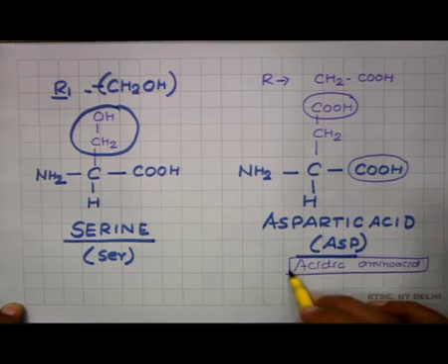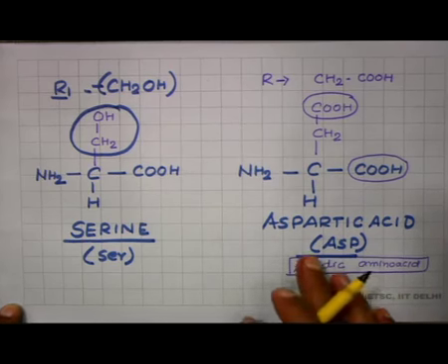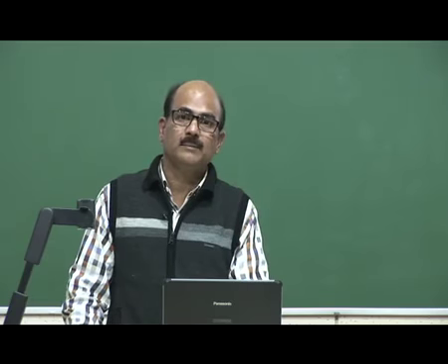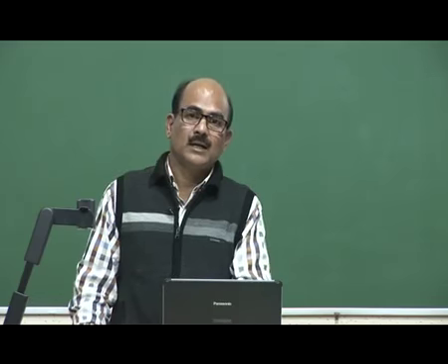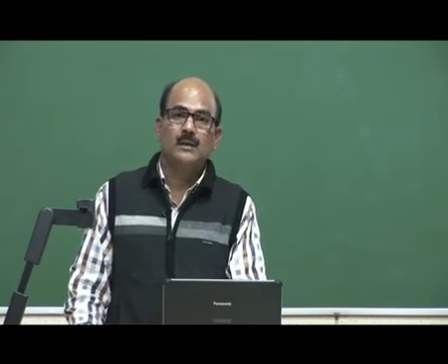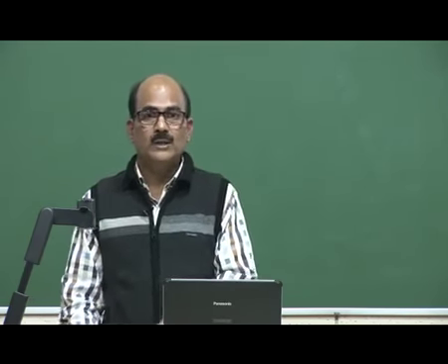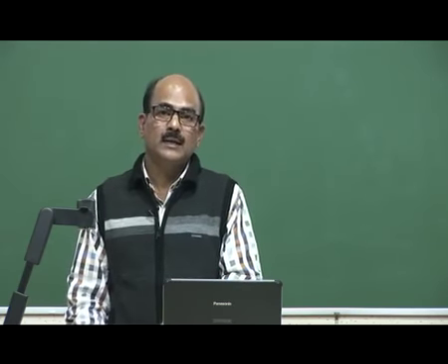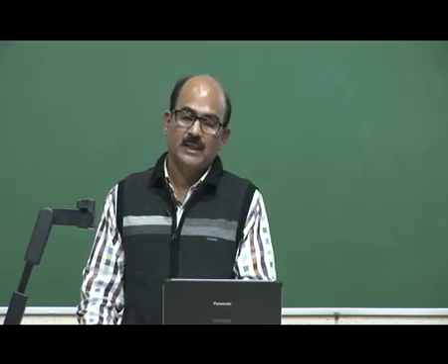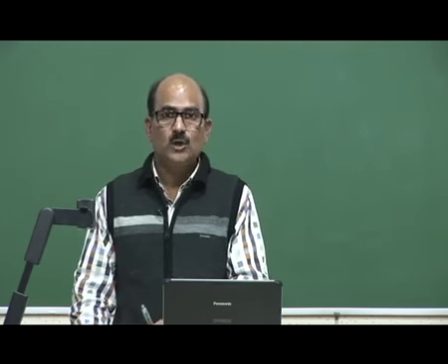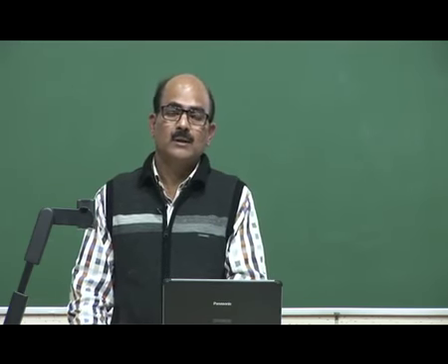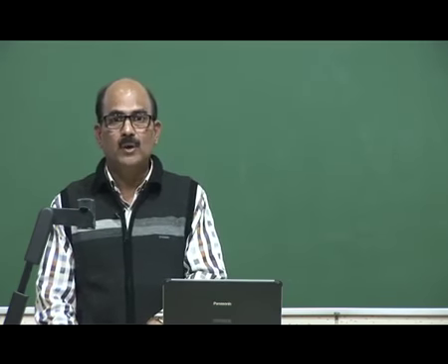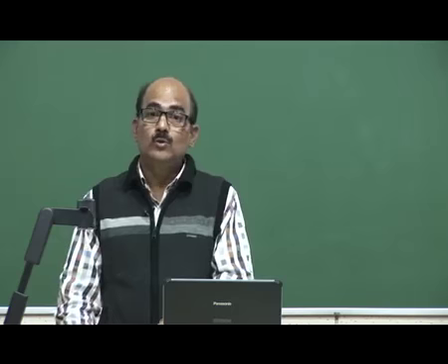In acidic amino acid, the number of carboxyl groups is much more in comparison to the amino group, that is the basic group. When the carboxyl group is much more, the nature of amino acid is acidic. When the amino group is much more, the nature of amino acid is basic. When the number is equal in both cases, amino group as well as acid group, that type of amino acid is known as neutral amino acid.